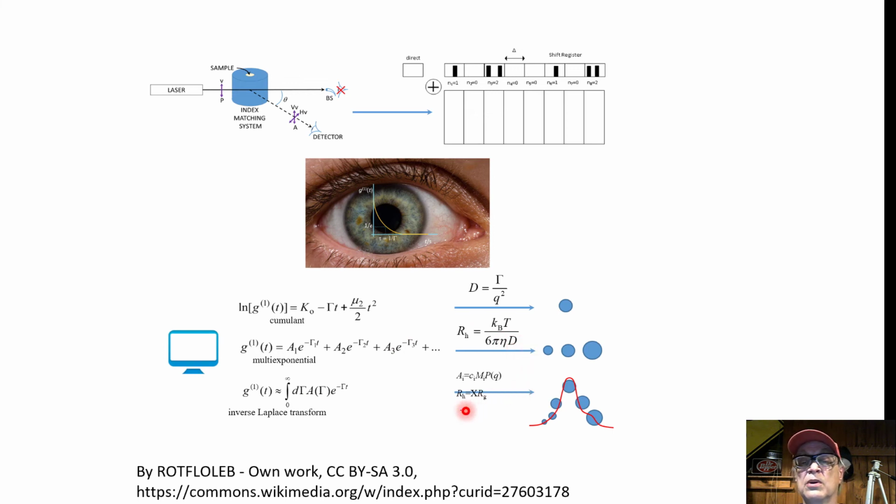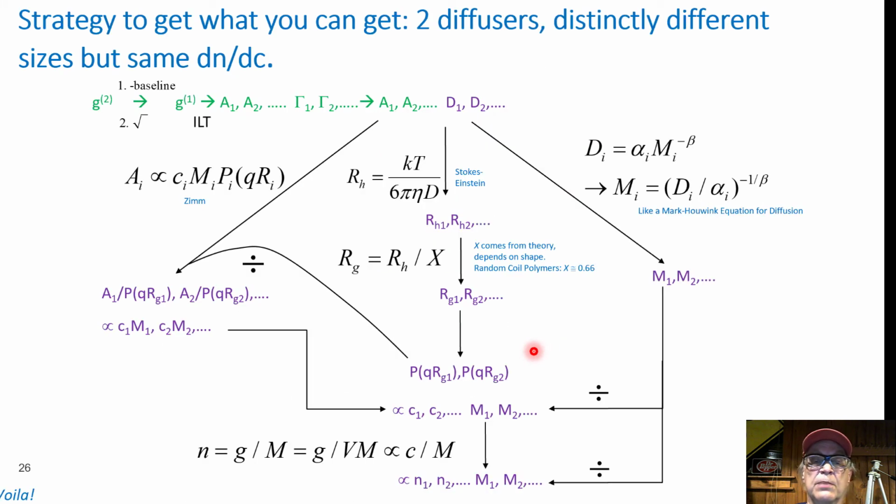So for example, you can actually try to calculate a distribution of sizes. It's a pretty complicated procedure to do that inverse Laplace transform with the distribution of sizes, but it's doable. What happens is you measure G2, minus the baseline, take a square root, now you have G1.